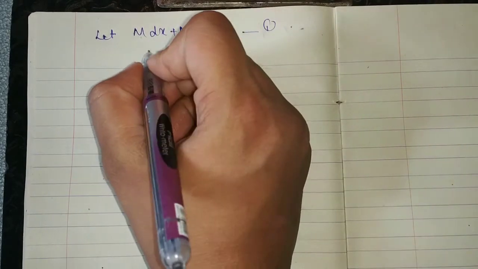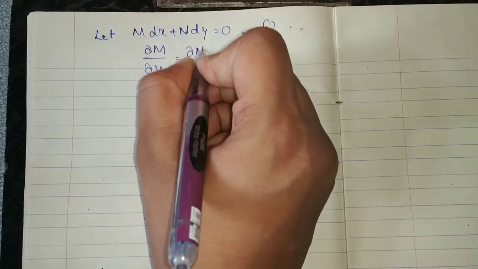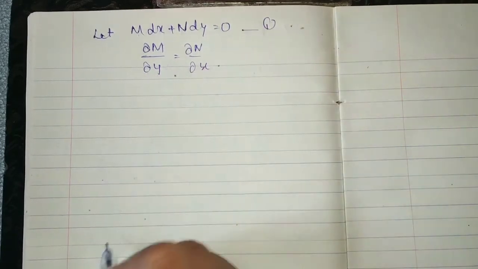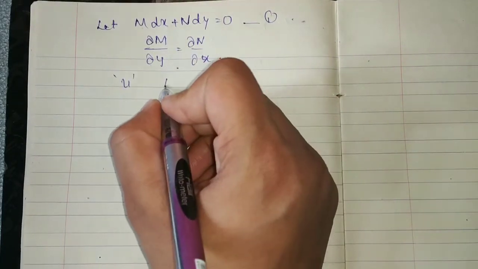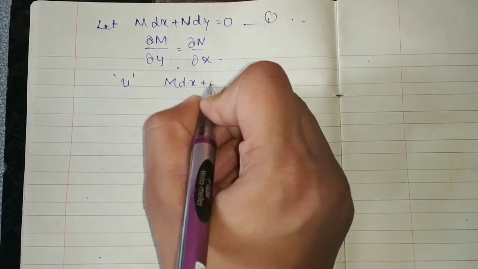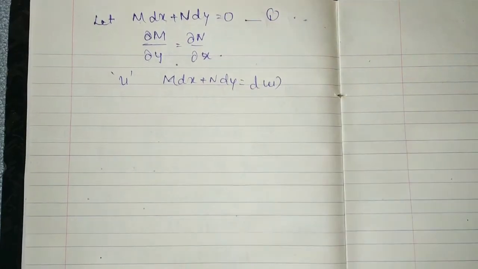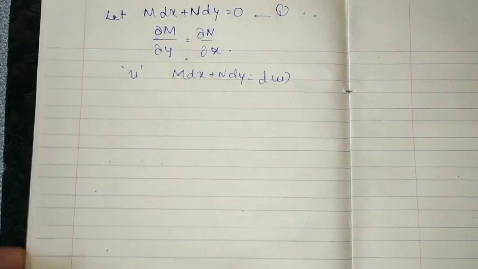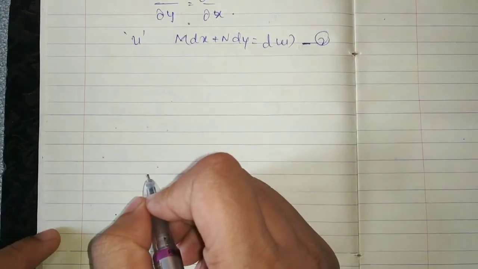If it is exact, then it will satisfy the condition ∂M/∂y equal to ∂N/∂x. Then there exists a function u such that M dx plus N dy equals du, where u is a function of x and y. Call this equation 2.